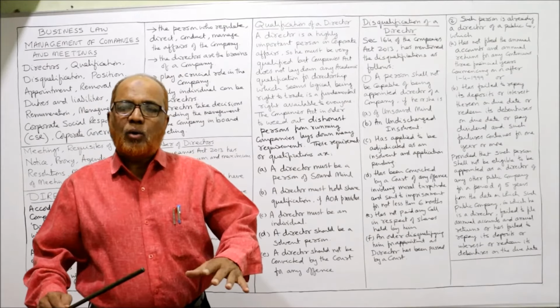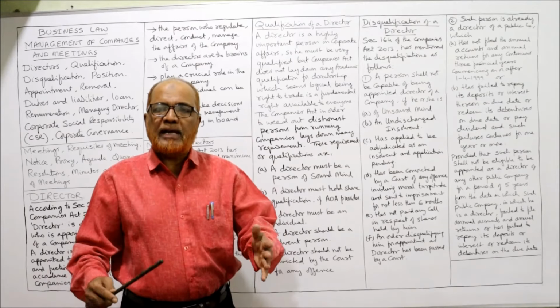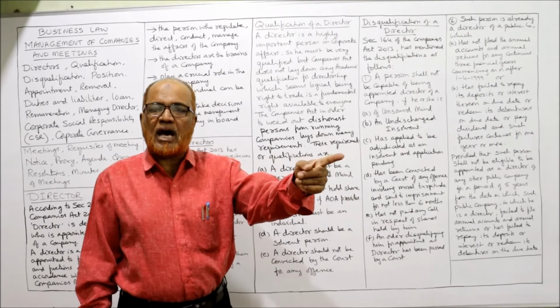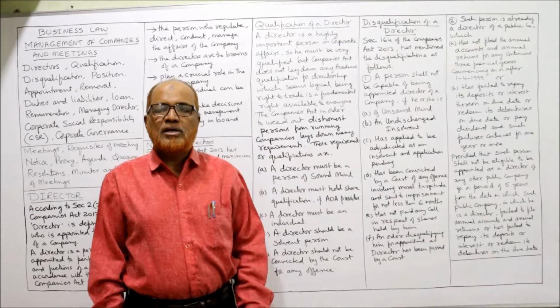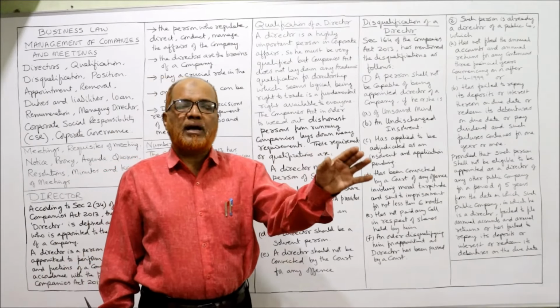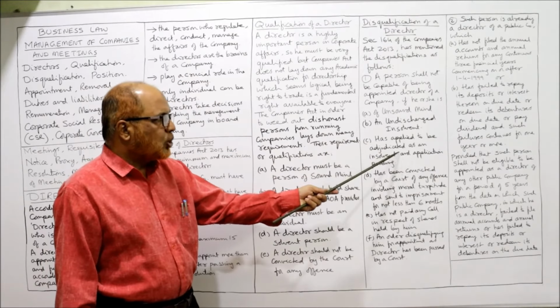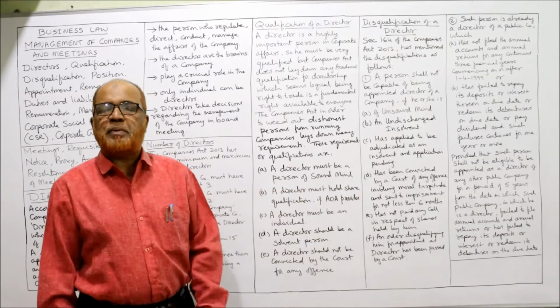A person who is declared insolvent by the court. A court has already adjudged a person as an insolvent person. In simple words, an insolvent person cannot become a director. Third one, has applied to be adjudicated as insolvent and the application is pending.